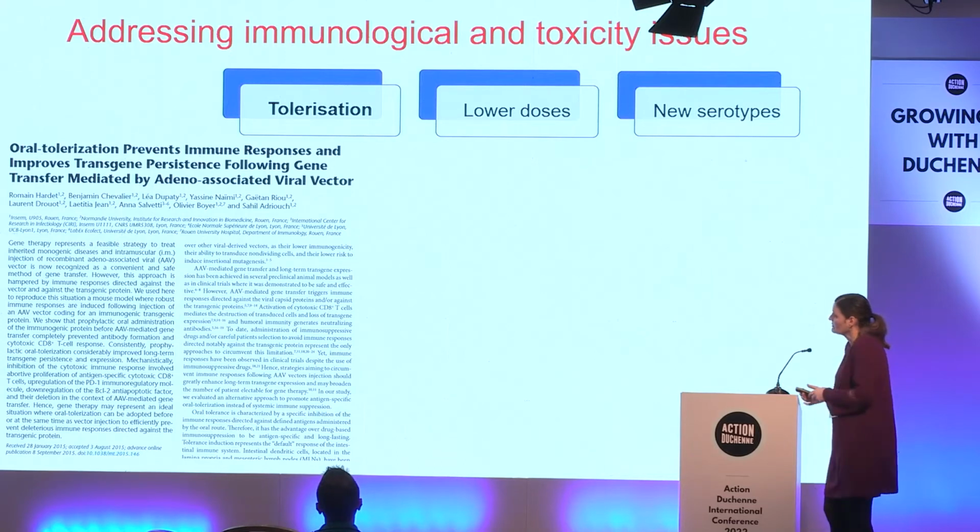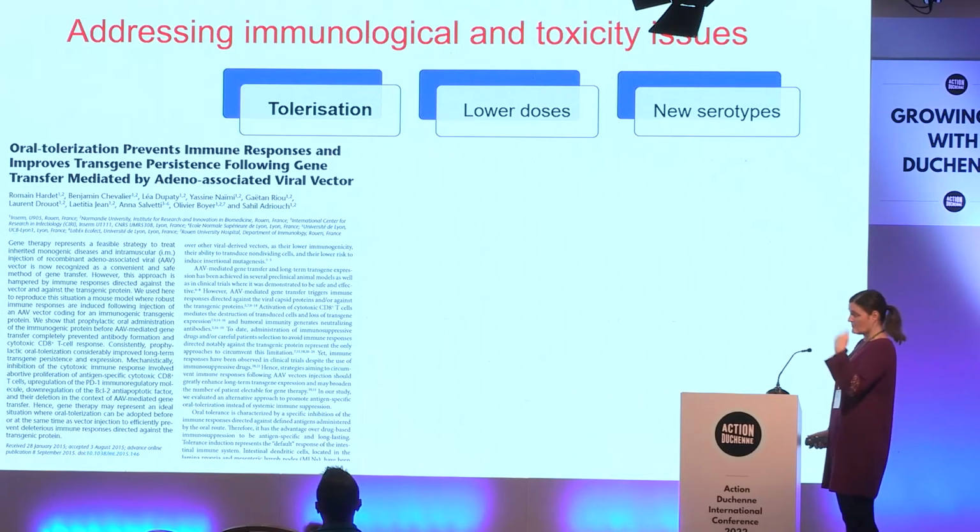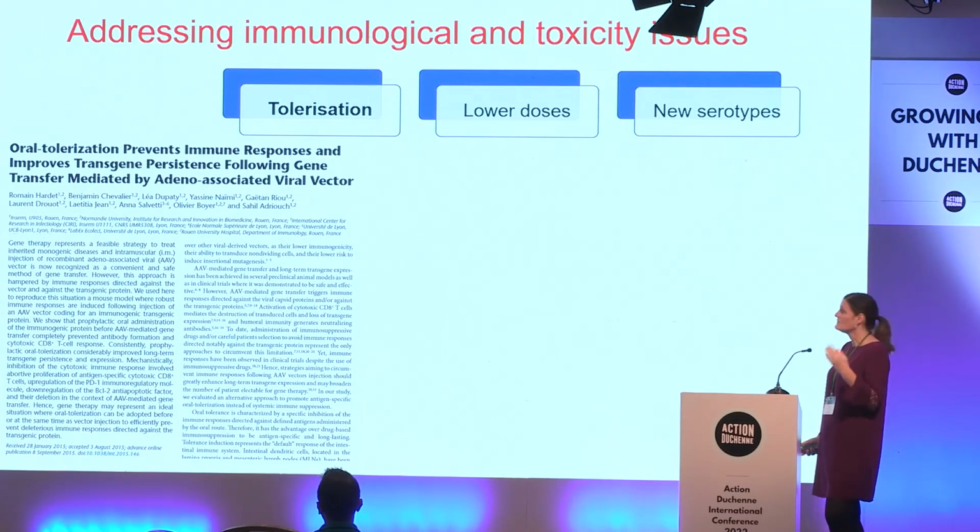So this paper was from a few years ago, 2015. What they did was feed before delivering the AAV. So they would feed the subject with the gene that they're trying to deliver, so the protein, so that they recognize it as self. And you can also feed with the AAV capsid, the bit around the outside.